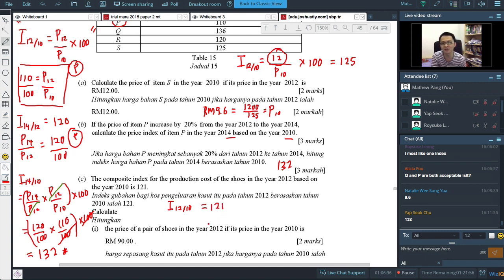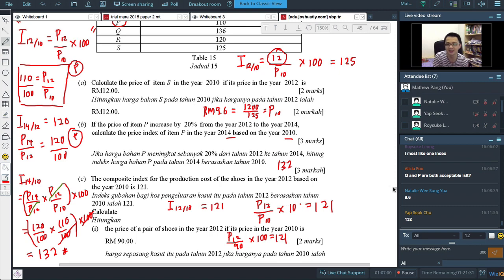So I know the index number for 2010, this composite index, is 121. It asks you to find the price of the pair of shoes if the price in 2010 is 90 ringgit. Same thing: price for 2012 over price for 2010 multiplied by 100 gives 121, based on the formula. I do not have 2012, but I know 2010 is 90, so price of 2012 over 90 times 100 equals 121.